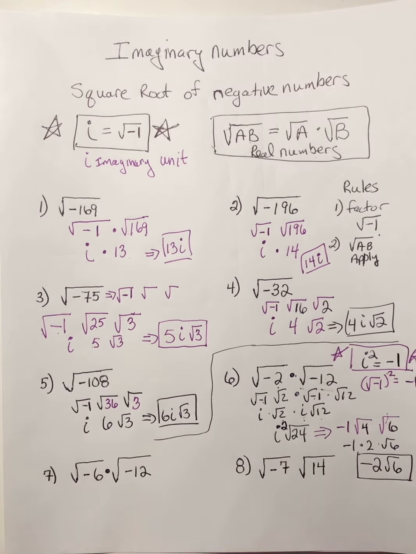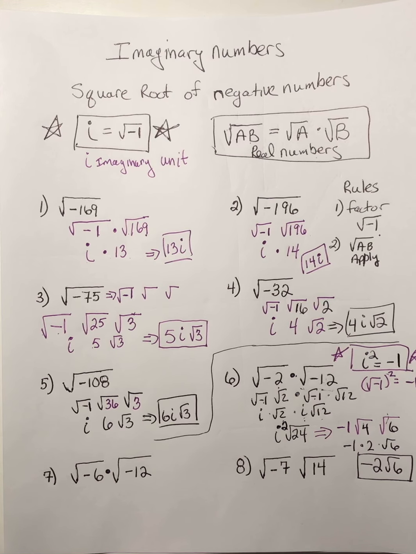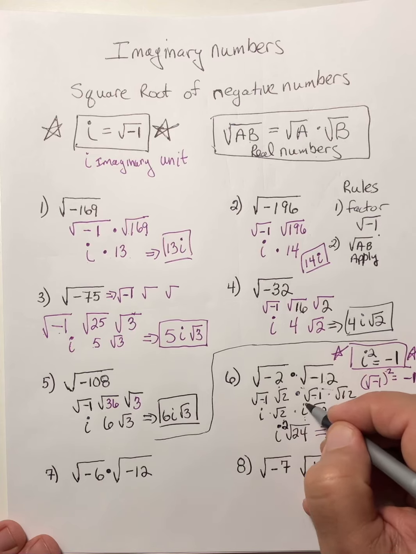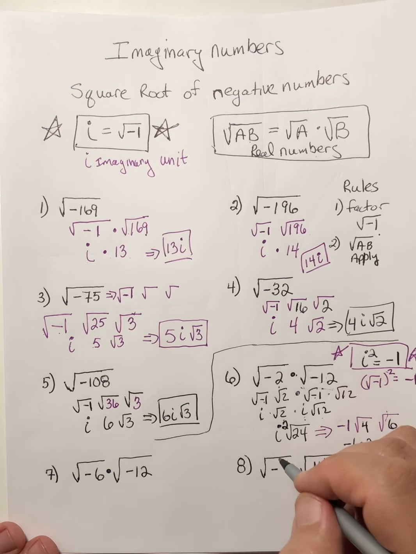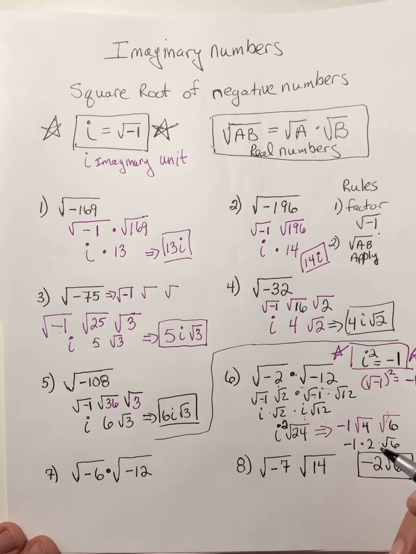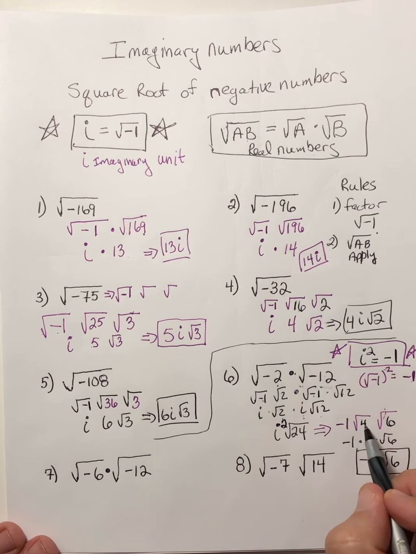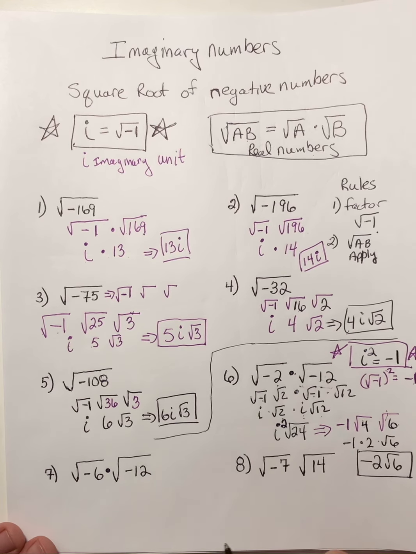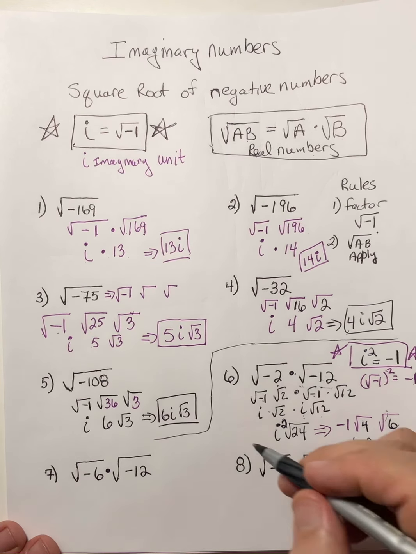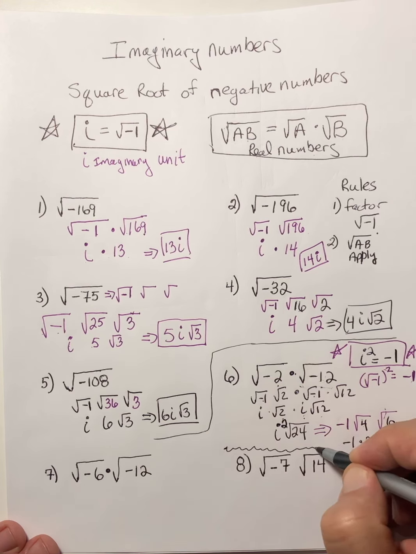Okay? It's that simple. There it is. i times i. x times x. m times m. n times n. i squared. And then i squared is equal to -1. So we have -1 times the square root of 4 times the square root of 6. That's it. That's all we got to do. Easy peasy.